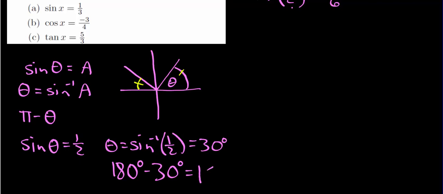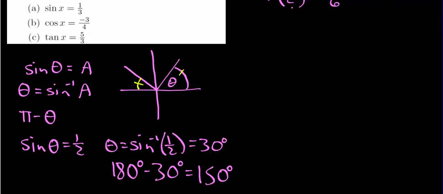And then I get 150 degrees. So there are two angles. The inverse sine is only going to give you the one. It's going to give you 30 degrees. You have to find the 150. So you have to subtract. You have to say pi minus the angle that you just found, or 180 minus the angle you just found.